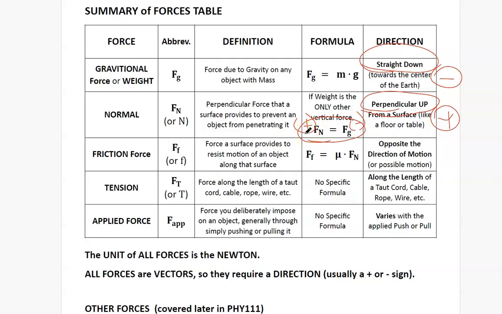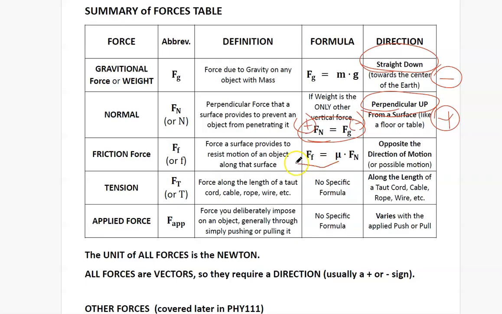All right. Frictional forces, F sub f. This is the force a surface provides to resist motion of another object on that surface. So with two objects sliding on each other, there's a frictional force that makes it hard for the top object to move on the bottom object.